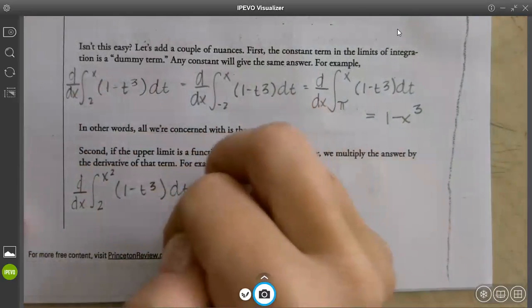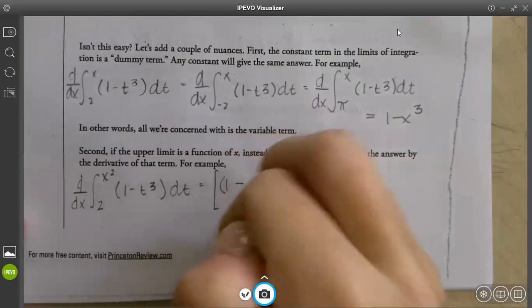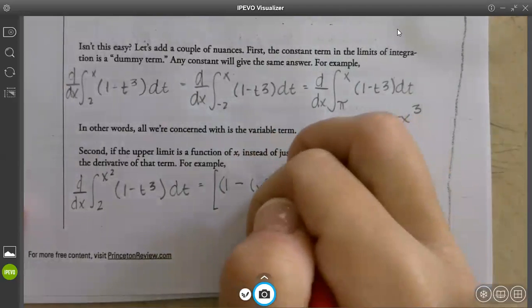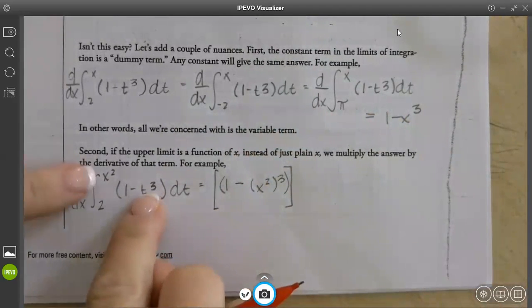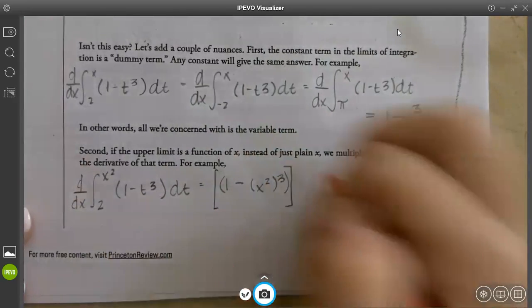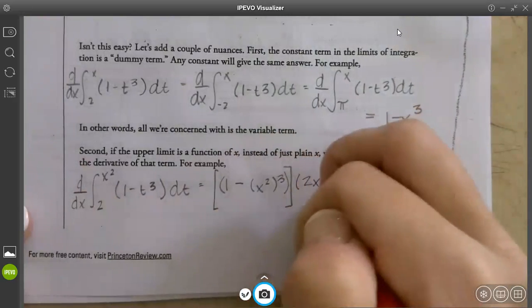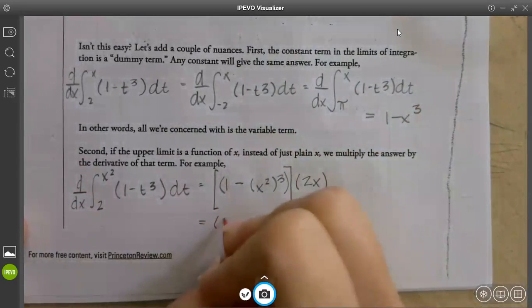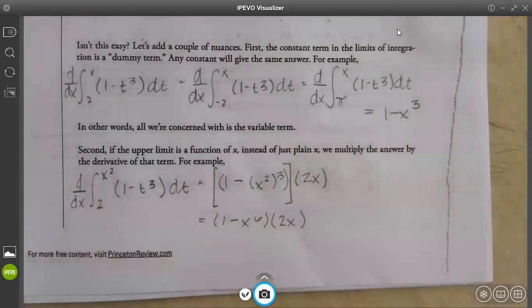Then you're going to plug in your function. So 1 minus x squared cubed. I plugged in x squared for t. And then you're going to multiply by the derivative. What's the derivative of x squared? 2x. So then this would simplify to 1 minus x to the 6 times 2x. So if it's a function, take the derivative.